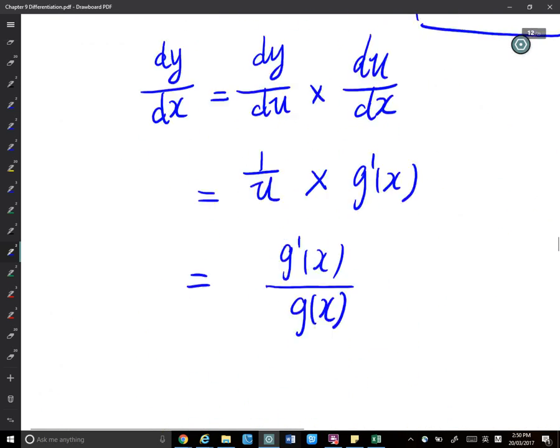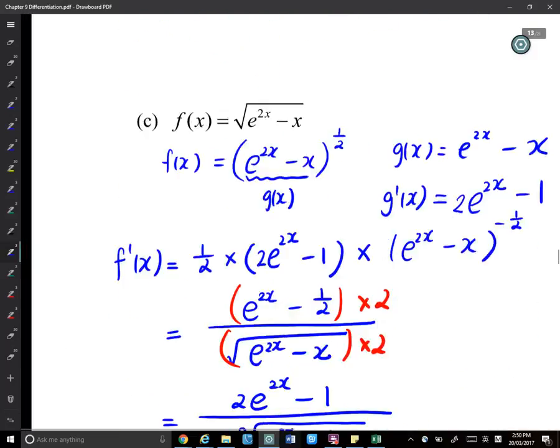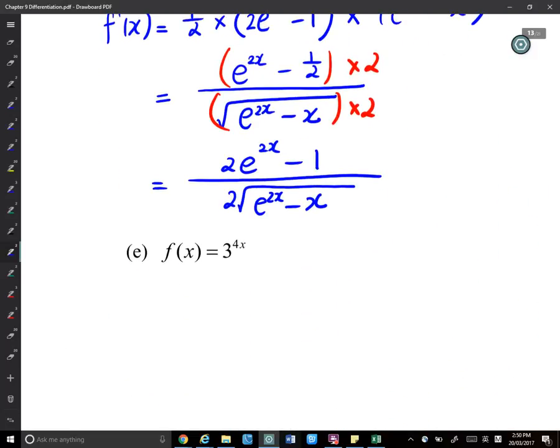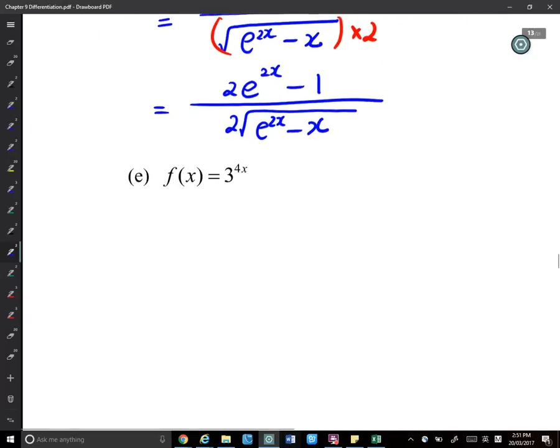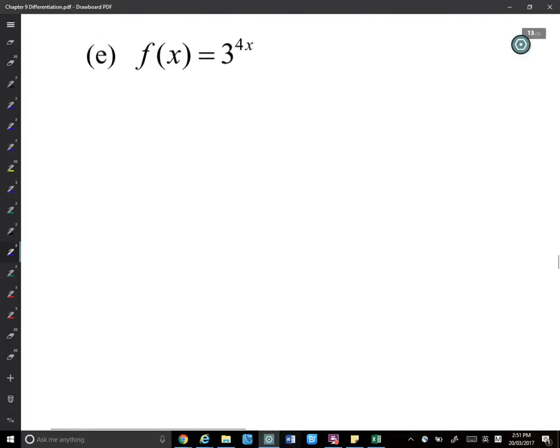You can only derive things when it's a natural base, because I only talk about e to the power of something. I never talk about 3 to the power of something. So now the problem is I don't have the natural base. The 3 is not the natural base. So what I will do is I want to make it into a natural base.